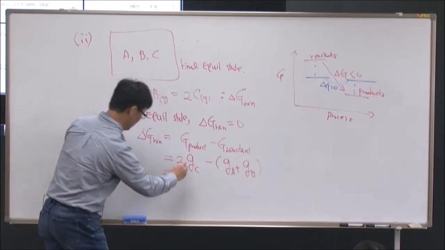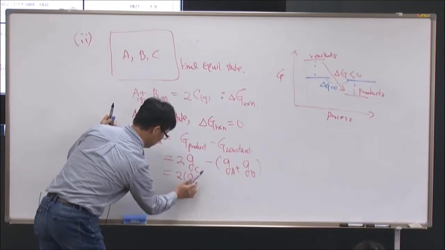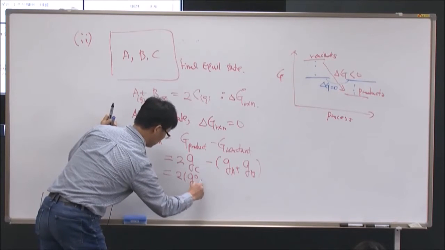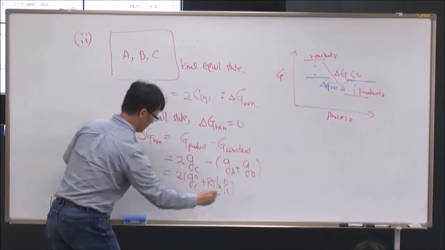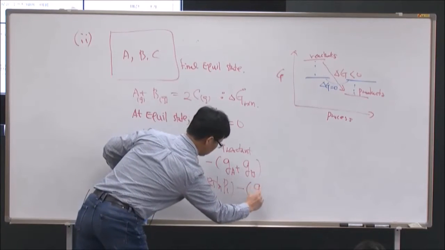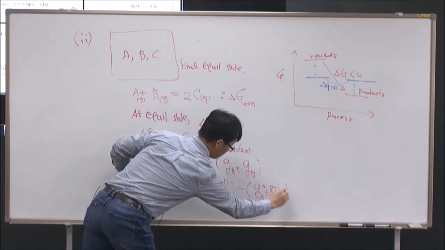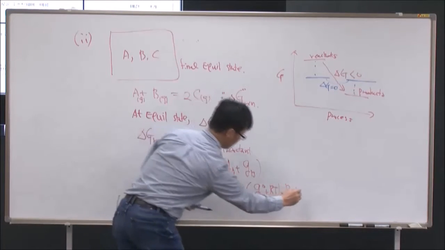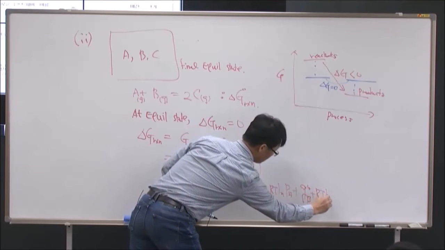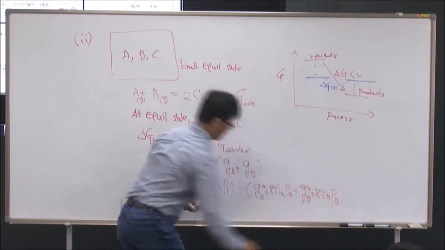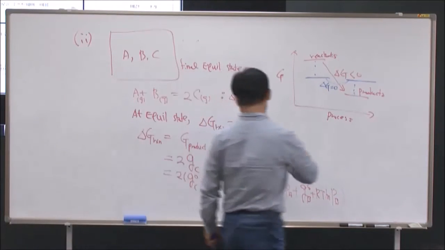So now if we rearrange this one, this will be 2GC minus... is it okay? We can write it in this way. And then, okay, good.